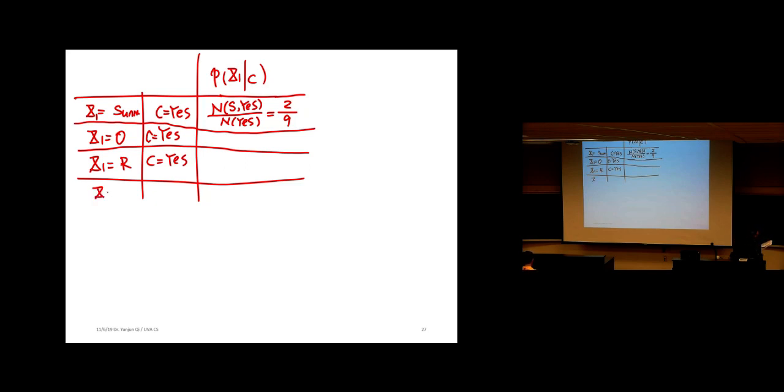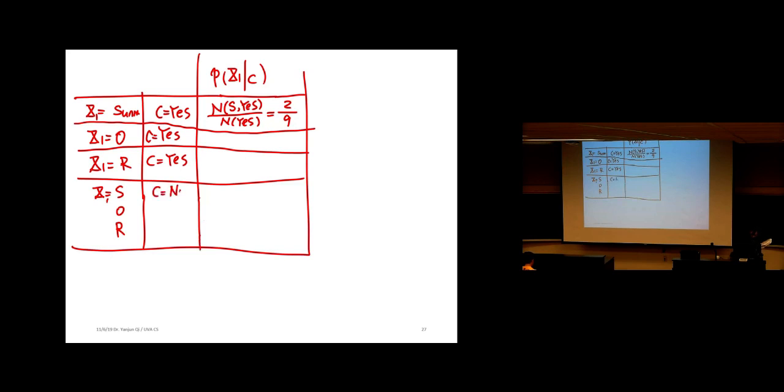Then you do the same thing, S, O, and R, for C equals no. This time it's the count of sunny and no over the count of no. Sunny and no is, how many sunny? 3? Is it 3? 3 over 5. Okay.